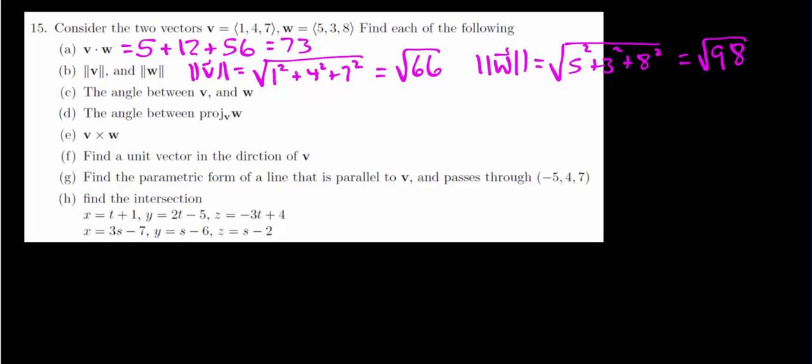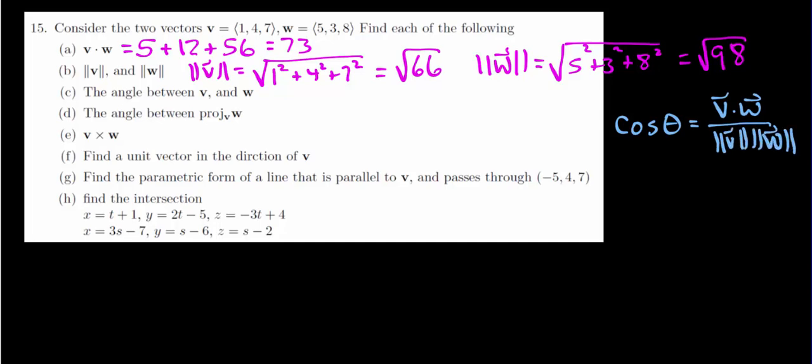Now, the angle. If we talk about the angle between two vectors, remember we've got a formula for that. The cosine of the angle is equal to the dot product, V dot W, over the product of the magnitudes.